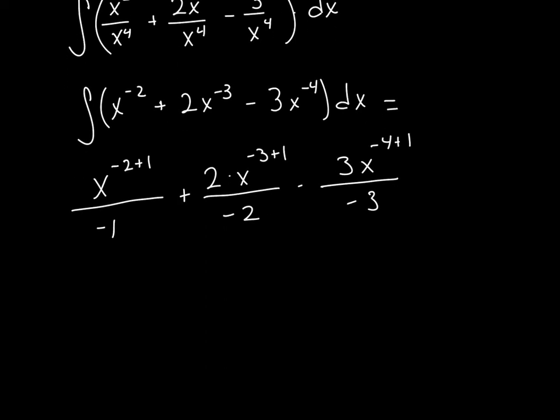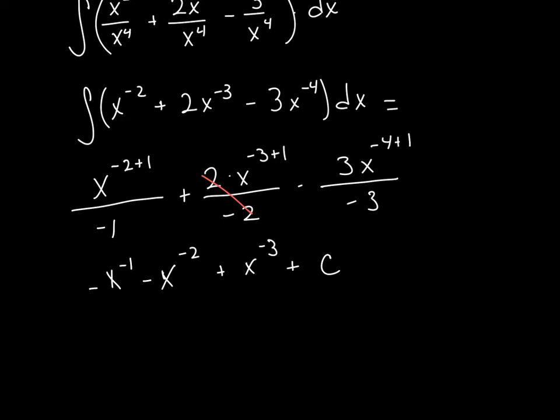When I simplify it, I get minus 1 times x to the negative 1, minus x to the negative 2. Those 2's cancel out and give me that negative. Plus, and again, the negatives cancel out, and that gives me x to the negative 3.